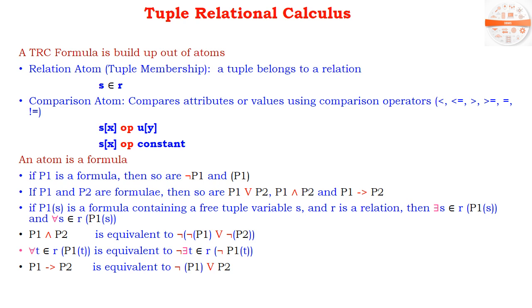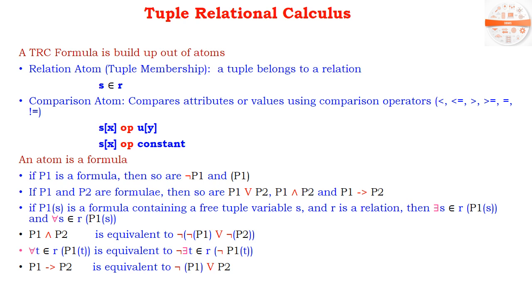It means just see the negation into negation here is positive. Negative into negative is positive. That becomes P1. The negation of or becomes and. The negation into negation of P2 becomes positive, that is P2.